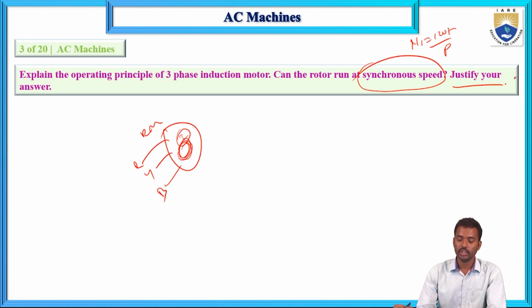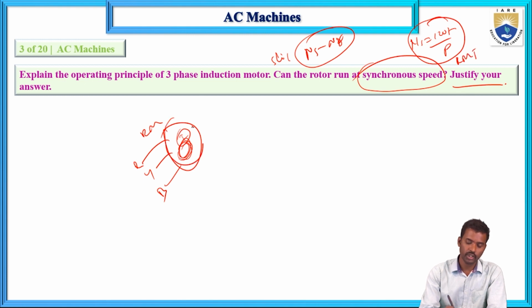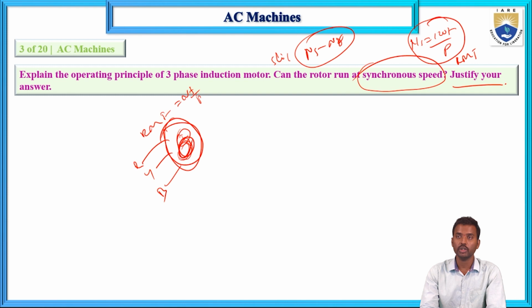Slip equals Ns minus Nr, and if they are equal there is no slip, so there is no relative motion between the rotor and the rotating field. Ns is the speed of the rotating magnetic field, equal to 120 f by P. If the rotor speed is also the same, there is no relative motion between the RMF and the rotor, and no flux cutting the rotor conductor. There is no induced EMF according to Faraday's law. What is Faraday's law? The EMF is directly proportional to d phi by dt.